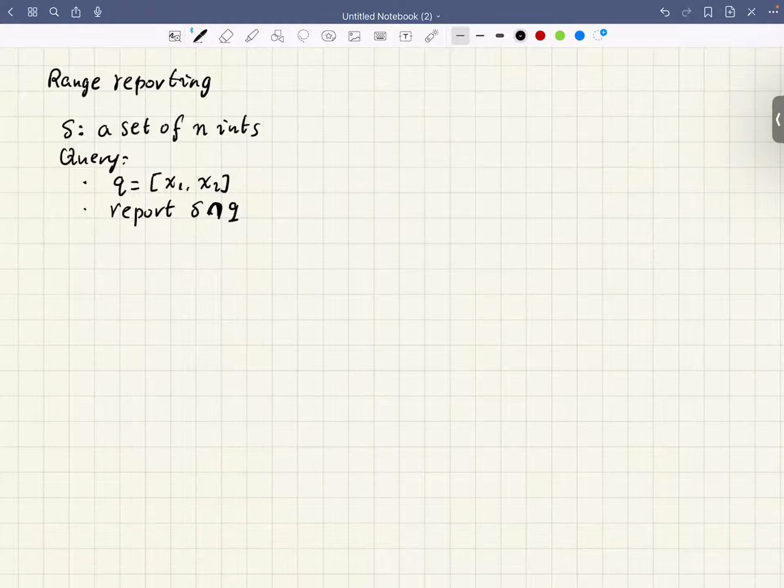So this is the range reporting problem. We know this problem can be solved using a binary search tree, for example. It takes linear space and is able to answer every query in log n plus k, where k is how many elements you want to report, correct?